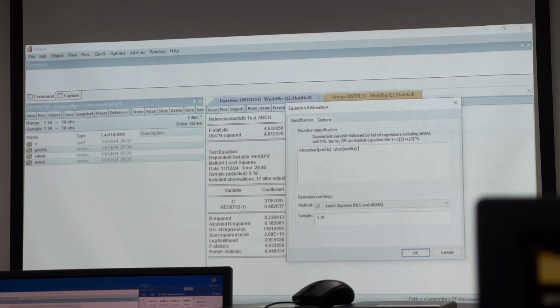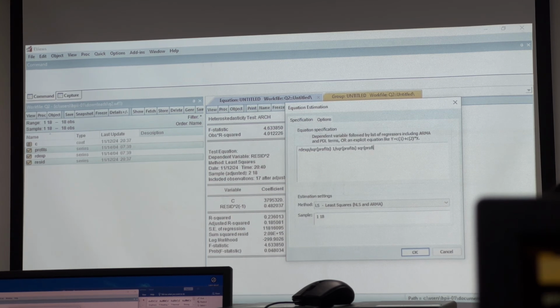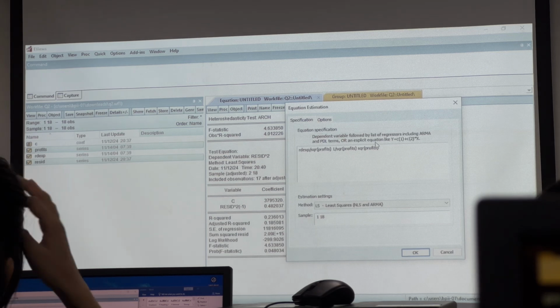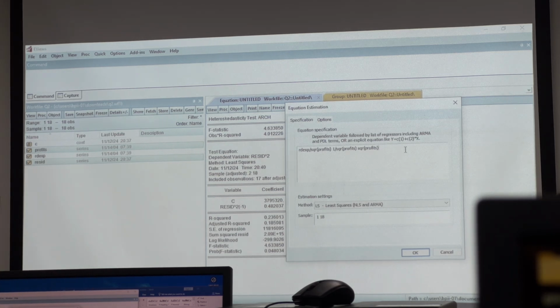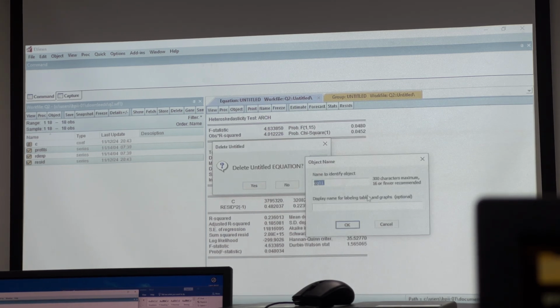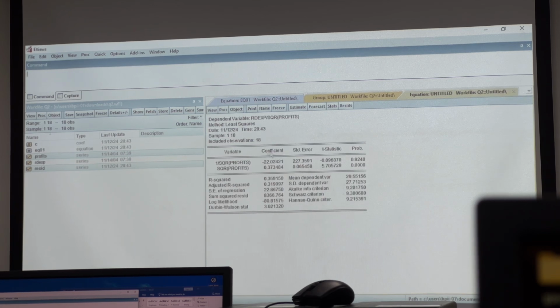And then we have profit divided by square root profit, we have square root profit. So name it as equation 2 or equation 1. So this is the transform.